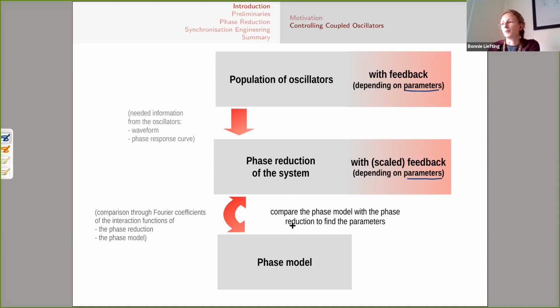And then we go back to the original system and put those parameters in and hope that we get the behavior that we wanted in our target phase model. And yeah, it's here that we want to allow for phase models with non-pairwise interaction, or cyclical, as Caro called it before.